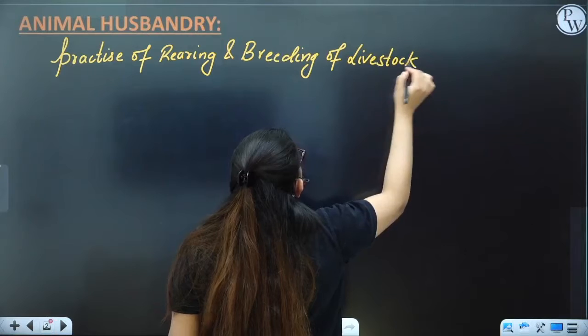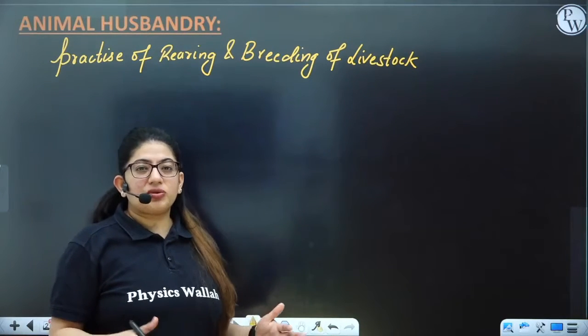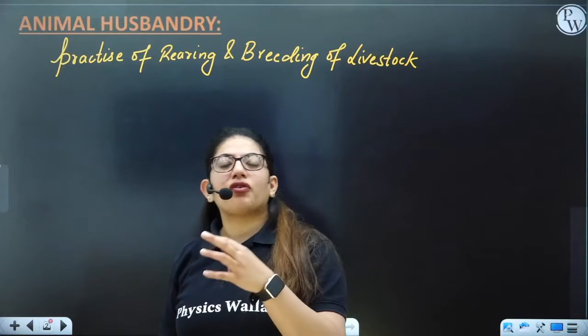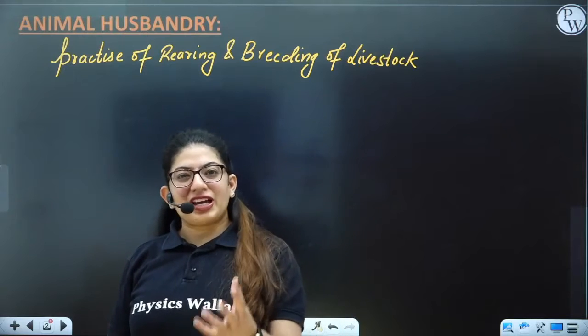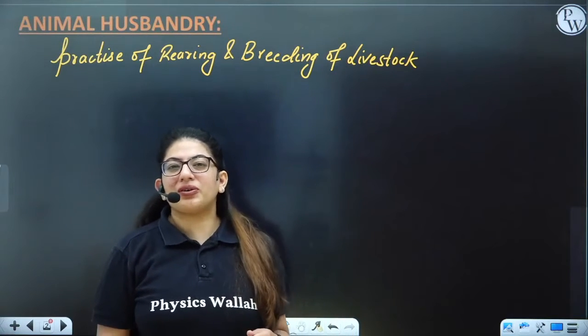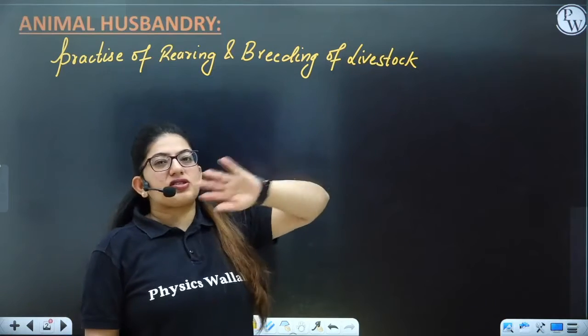All these cattle, all these animals are collectively known as livestock, the animals that you rear so that you can get products out of them. For example, from sheep you get wool, from goat you get milk, from these fowls, these chickens, you get eggs and the flesh as well. And from cattle and buffalo you get milk. So here the livestock consists of all those animals.